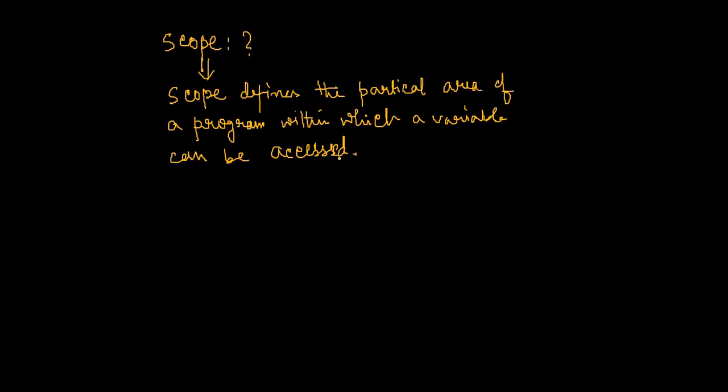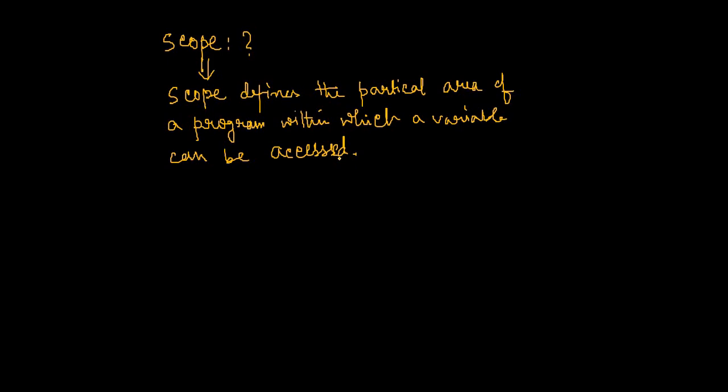Now, what does it mean? Let's take an example. Say the example is your nickname. In a very simple situation, we can assume that your nickname is accessible only within your home. Nobody outside your house understands or knows your nickname.